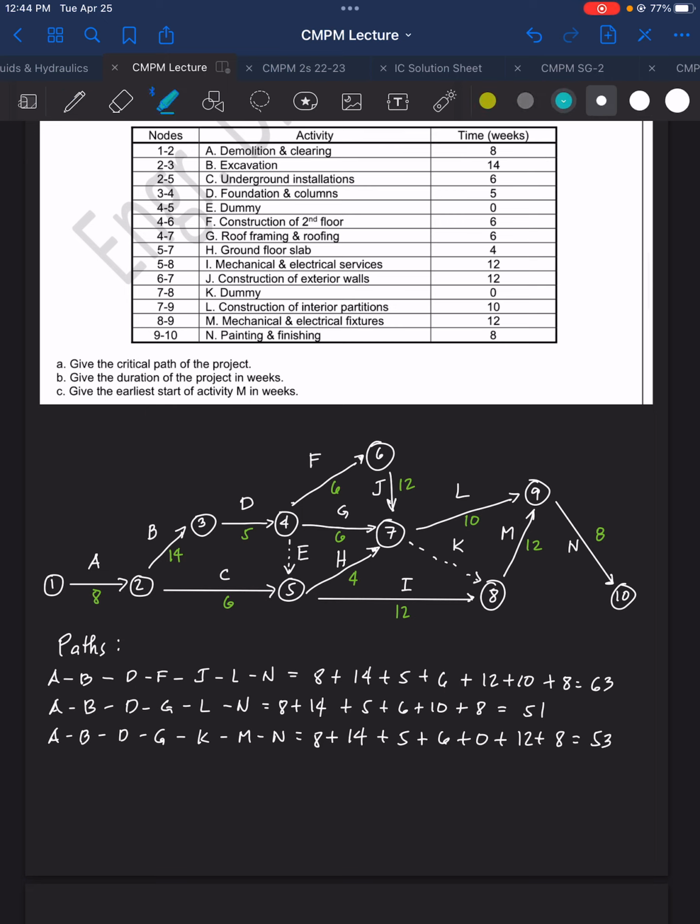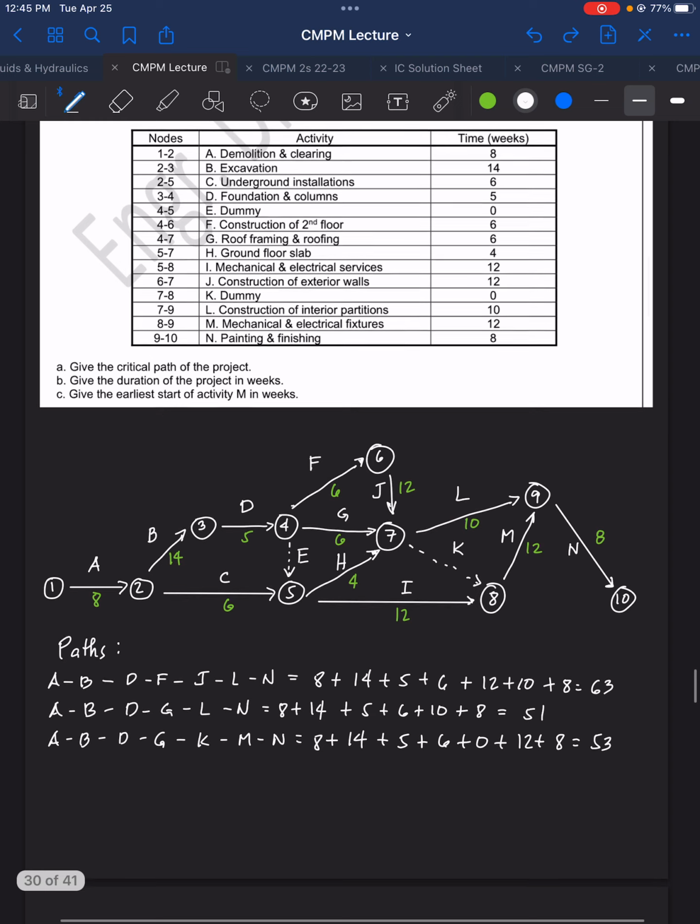Next path, we have A, B, D, we can use again this one, F, J, K, M, N. So that's our fourth path. So we'll write that down.